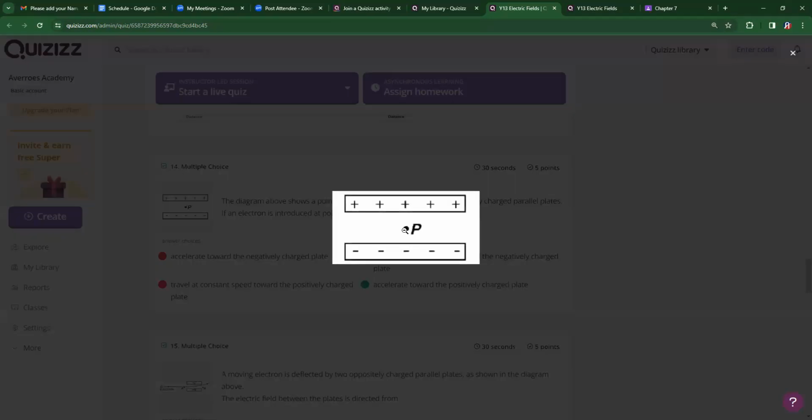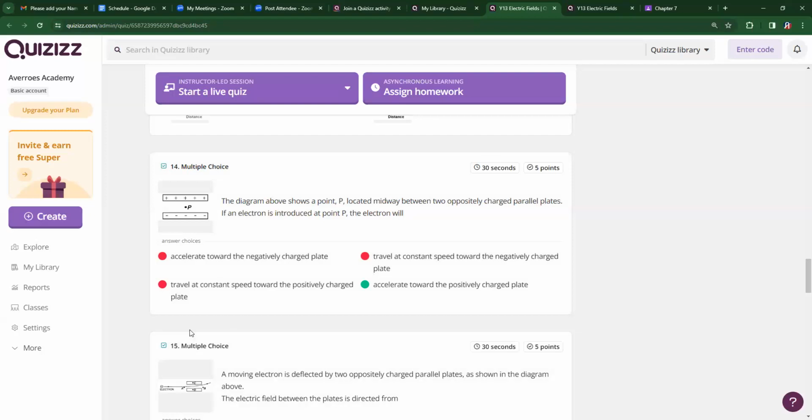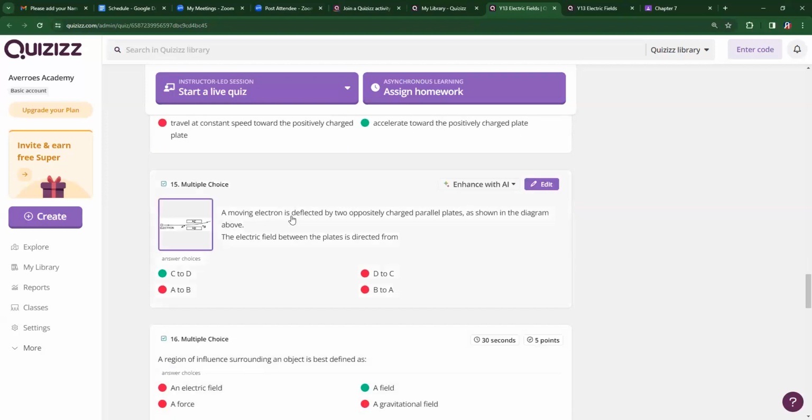So negative charge will go towards the positive plate because it will be pushed away from the negative plate on the bottom, right? So we are using the law of electrostatic charges: opposite charges attract and the same charges repel.